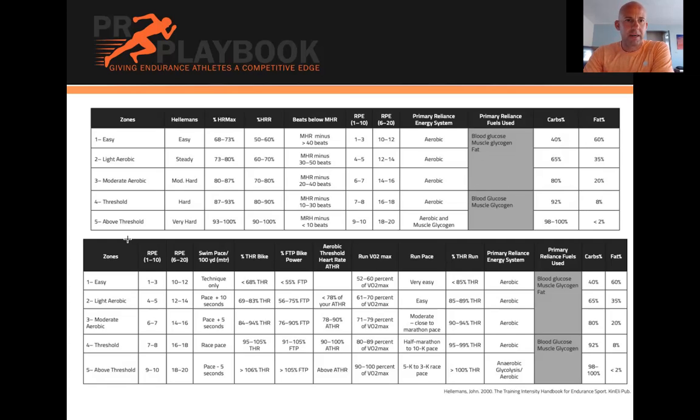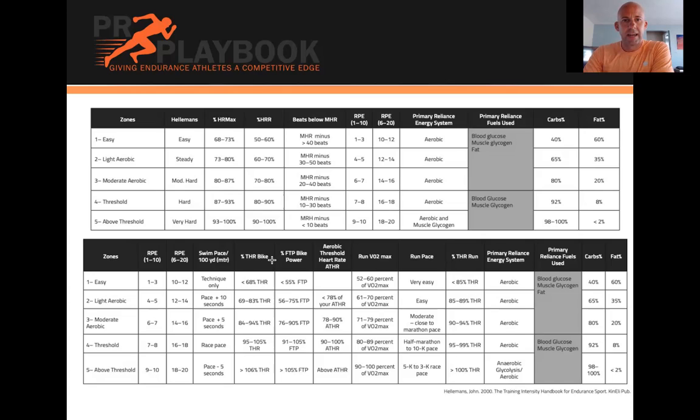So that's the top here. And then down below here, you have a lot of the same data, the RPEs, but then we have the swim pace for triathletes. This is based on your 100-yard or 100-meter swim pace.